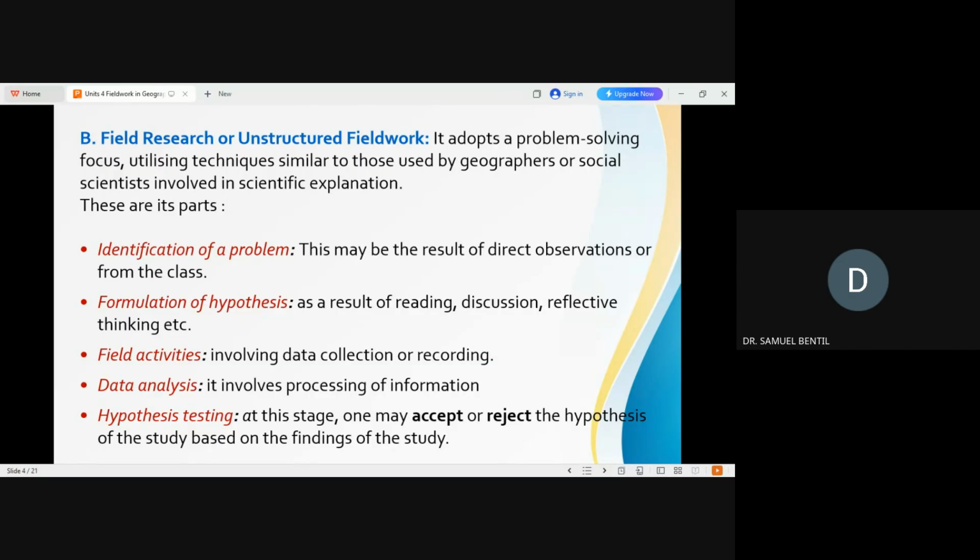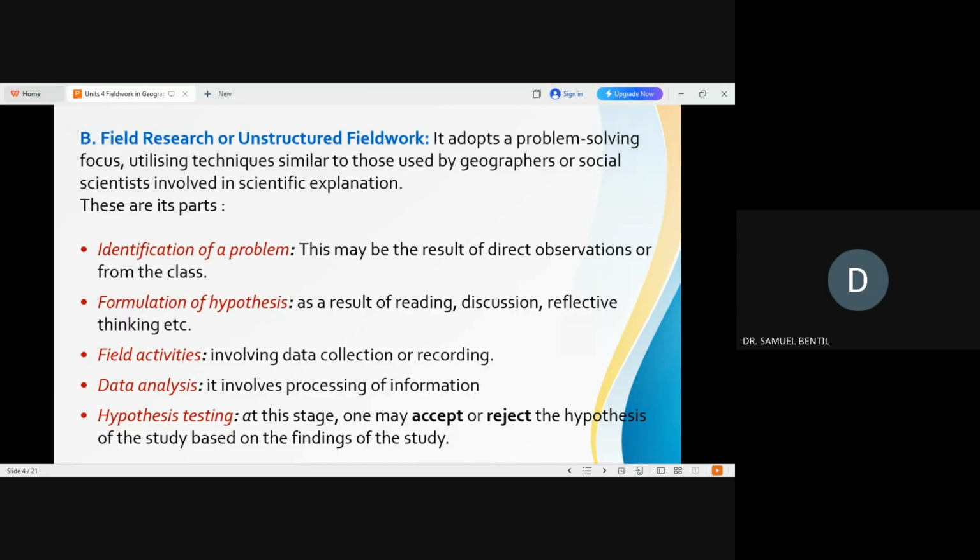At times, apart from the field data, you can also get secondary data to augment your analysis. Then after you process and analyze your data and get your findings, you are able to accept or reject your hypothesis.